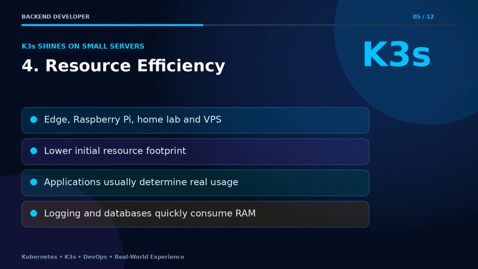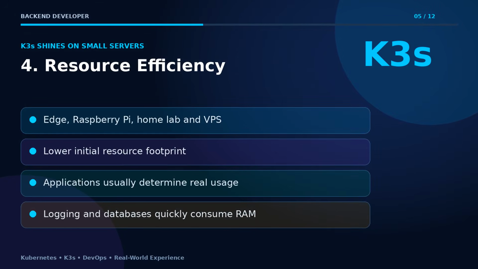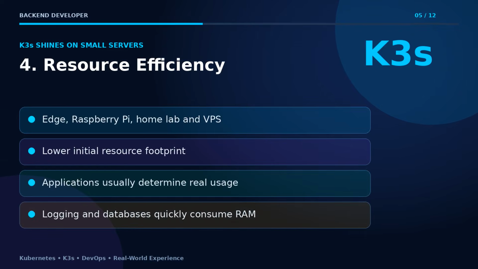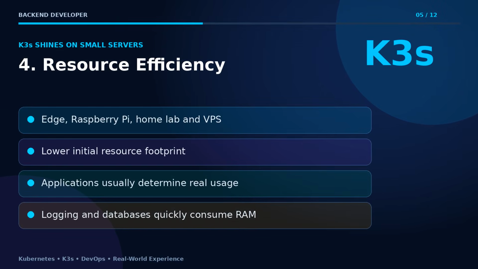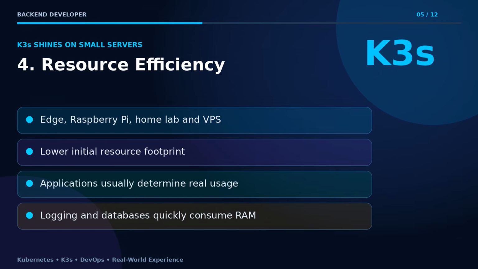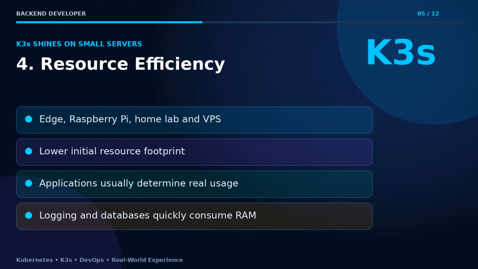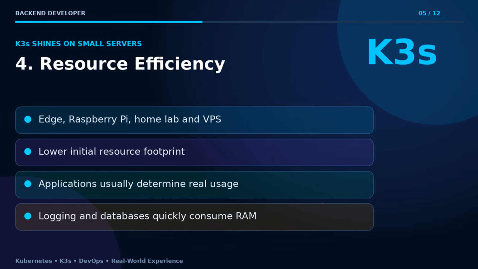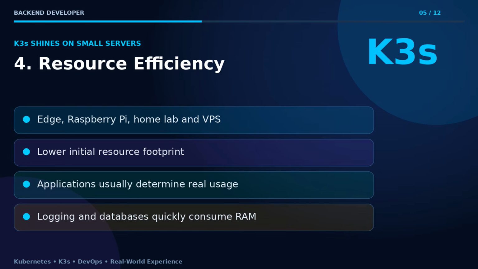K3s stands out in resource efficiency. Reducing unnecessary or cloud-specific components, packaging the control plane more compactly, and supporting SQLite as a default option creates a lower starting footprint on small machines. That makes K3s attractive for Raspberry Pi devices, edge computing, development environments, home labs, and low-cost virtual private servers.